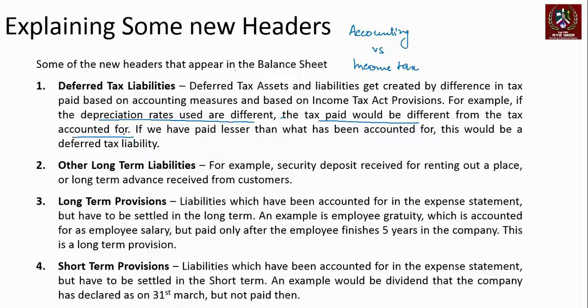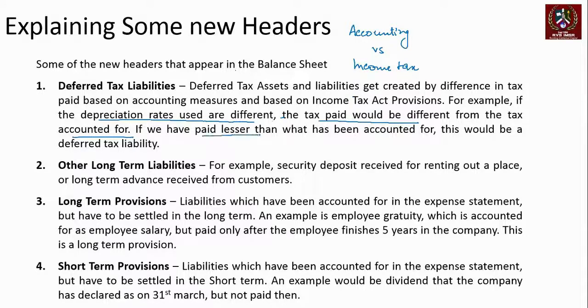Your accounting tax measure will come from your accounting depreciation measure, which could be different from the actual tax, because the income tax department will say, look, this is what you made and this is the tax that you have to pay. You could account for something else as compared to the actual income tax, and that is where there is a difference between what is being paid as a tax and what is being accounted for as a tax.